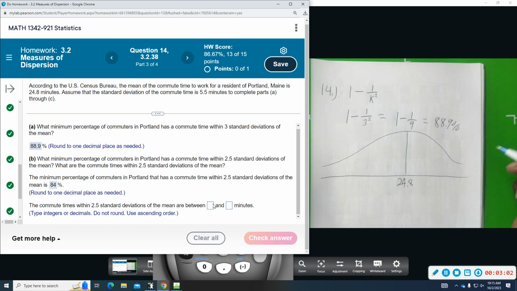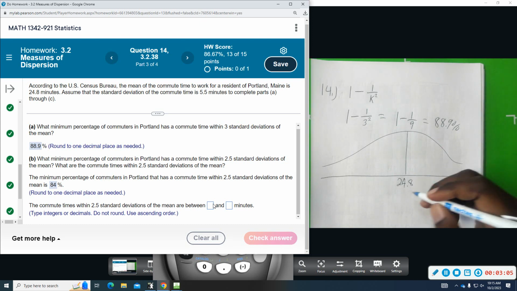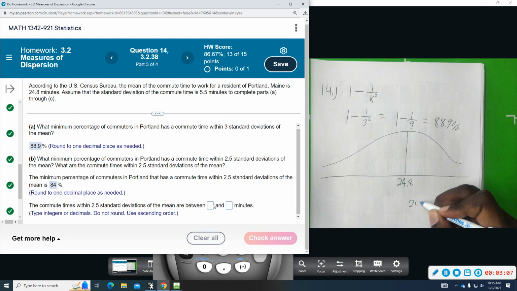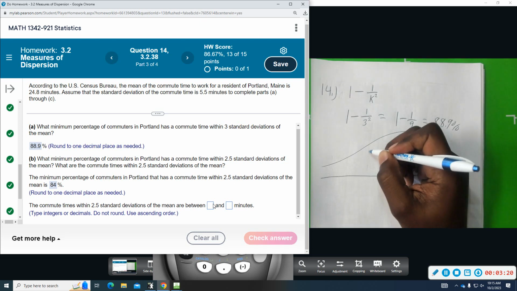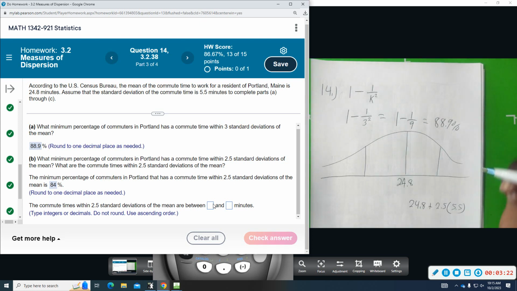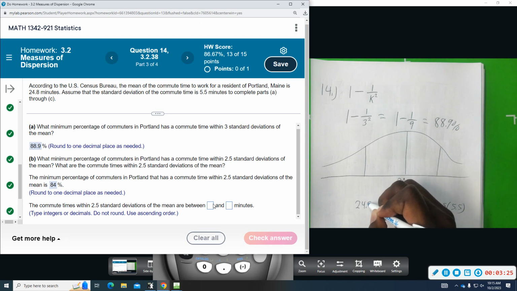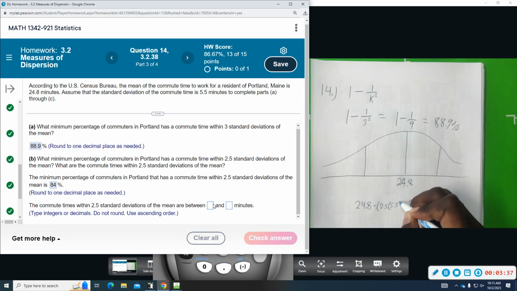So since I'm doing 2.5, I would just do 24.8 plus 2.5 times the standard deviation, which is 5.5. And I would do that same thing over here to find that endpoint. 24.8 minus 2.5 times the 5.5 standard deviation.